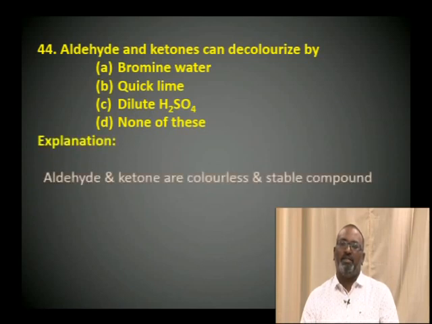It is a stable compound because C double bond O is present in the functional group. If a double bond or a triple bond is present between carbon atoms, then only we consider such compounds unsaturated. Those unsaturated compounds will decolorize these solutions. Aldehydes and ketones are colorless and stable compounds, so none of these can decolorize them.